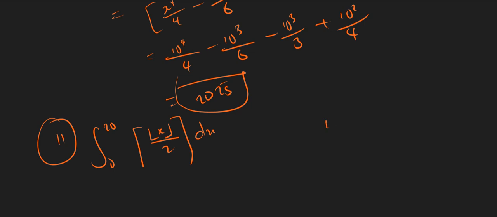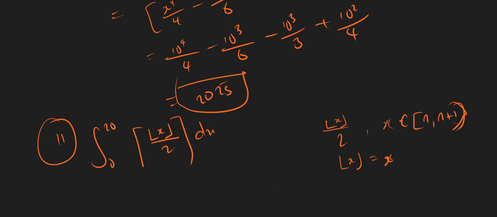Now notice that so long as x is between n and n plus 1, it is definitely clear to us that the floor of x would definitely be equal to n.